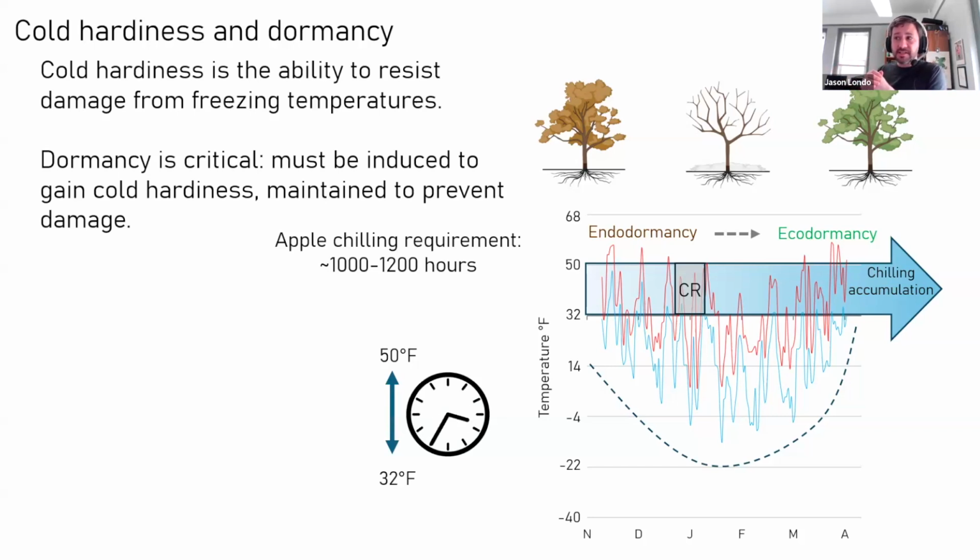For apples, it usually takes around 1,000 to 1,200 hours before they transition from endodormancy into late winter dormancy, or ecodormancy. The defining characteristic here is that when you're ecodormant, the trees are not growing because the temperatures are cold, but if they were exposed to heat, they would rapidly lose their defenses in anticipation of spring. The chilling requirement in the Northeast typically lands right around January 1st.